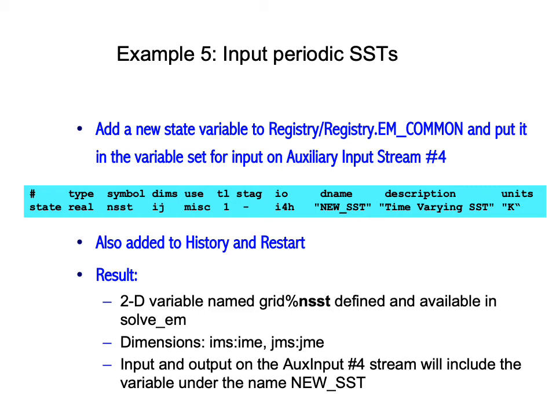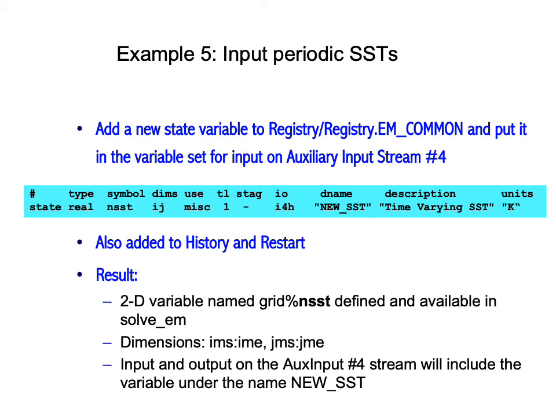When we get to the I/O, this is where things are a little bit special now. We would like to input this variable on an unused auxiliary stream, and we're using auxiliary stream 4. The reason we're using that is this is the way that we put in the SST update capability inside of the WRF model. I4 is input on stream number 4.